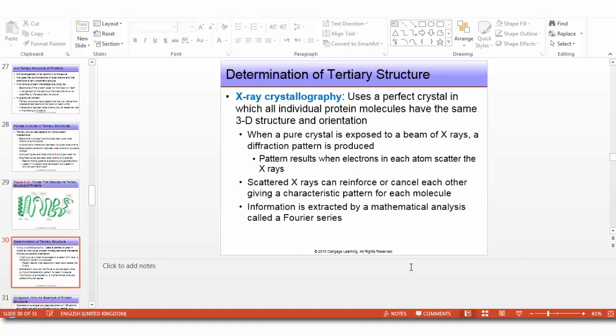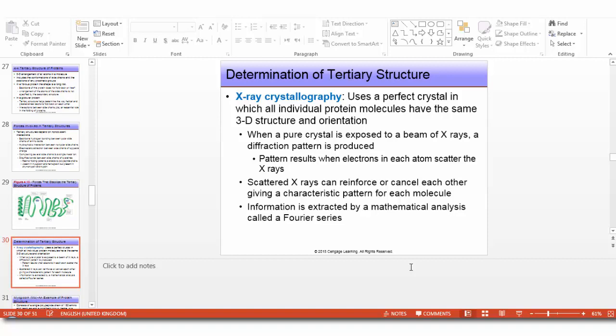When a pure crystal is exposed to a beam of X-rays, a diffraction pattern is produced. This pattern results when electrons in each atom scatter the X-rays. These scattered X-rays can reinforce or cancel each other, giving a characteristic pattern for each molecule. Information is extracted by a mathematical analysis called a Fourier series. Don't worry about the information here.